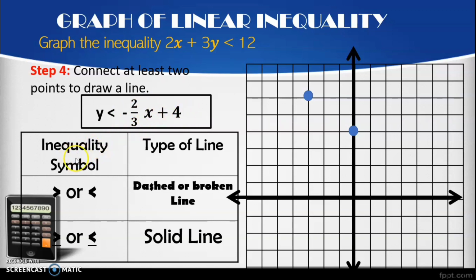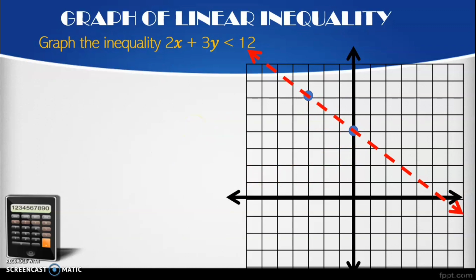Pag ang inequality symbol ay greater than or less than, dash line ang i-draw natin. Pero pag greater than or equal to or less than or equal to, we will draw a solid line. Since ang ating inequality sign ay less than, meaning we will draw a dash or broken line. So, eto na ngayon ang line natin.